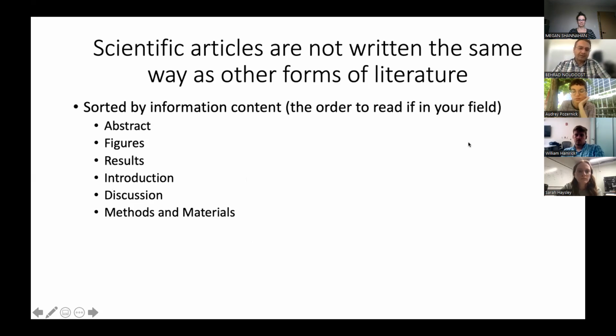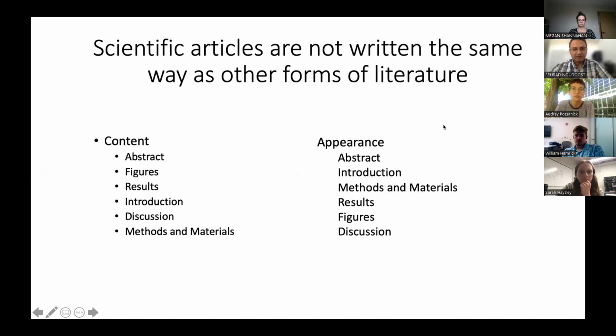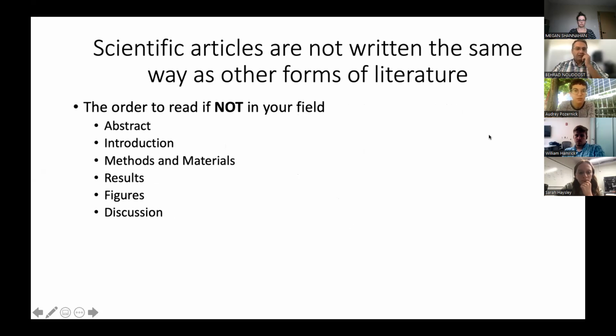All right, so this is the list as sorted by information content. So by this time, you should probably have an idea that if you want to read a paper in your field, this is probably the way to read it. But one thing that is important is, you saw the difference between appearance and content, but the order to read might be different if the paper is not in your field.